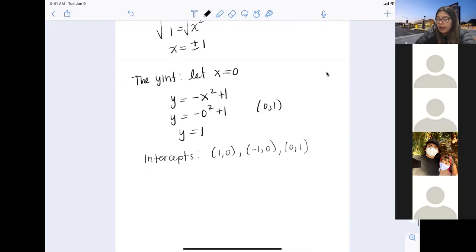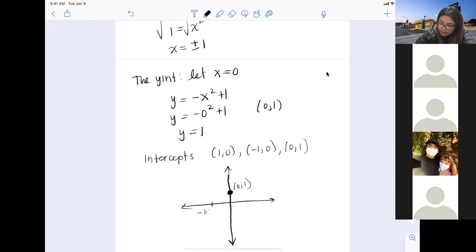Now we need to graph. So we have one at (0, 1) right here, (-1, 0) and (1, 0). And what do you know about this? This is a parabola and it opens down. How do I know it opens down? Because of the negative in the front. So this goes like this.